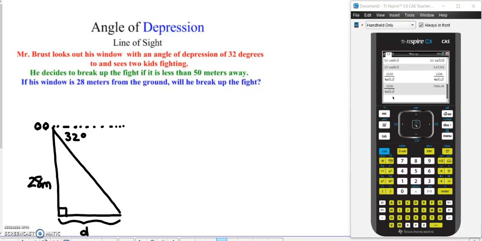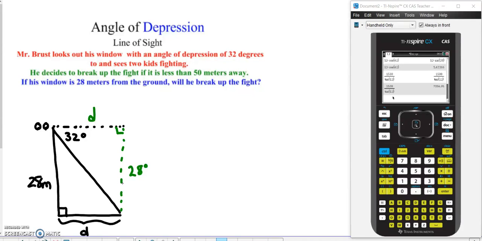So if we do a little manipulating with our triangle here, kind of make a box and translate this 28 over here so I can work in this triangle. And this is actually D itself, so I don't need to do any sort of math to get that angle. I can just project it over here. If I look and see what I have, it looks like I don't have a hypotenuse again, so I'll use tangent.